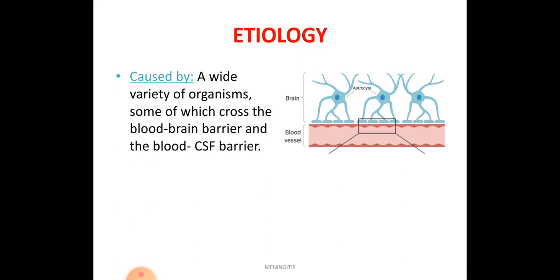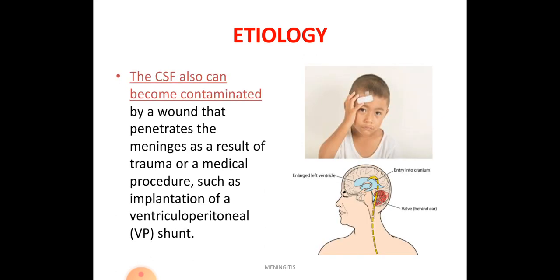Now etiology. Which causes are responsible for meningitis? First of all, it is caused by a wide variety of organisms, meaning multiple microorganisms can be responsible, but they must have the capacity to cross the blood-brain barrier and the blood-CSF barrier. Only then will they be able to cause meningitis. How will the virus or bacteria enter the body? That is possible by contamination of CSF.